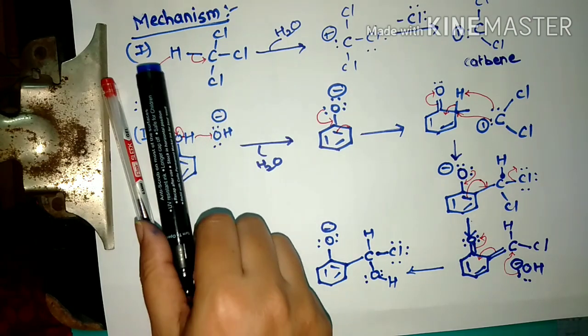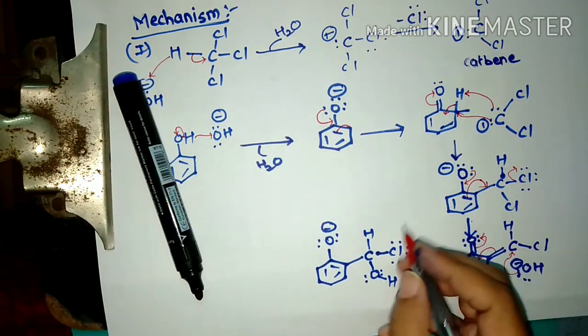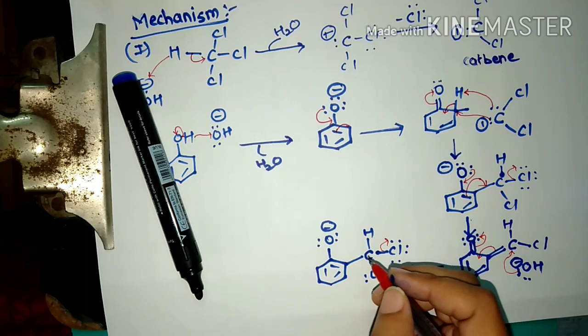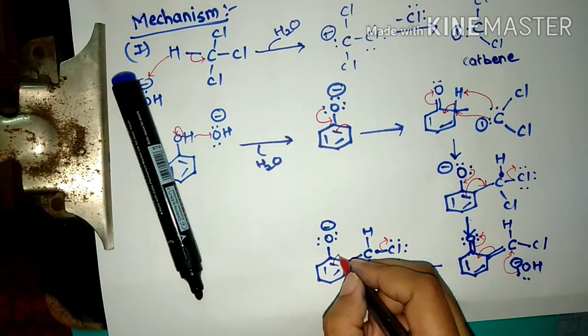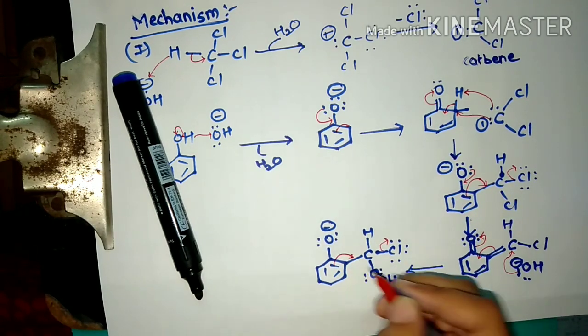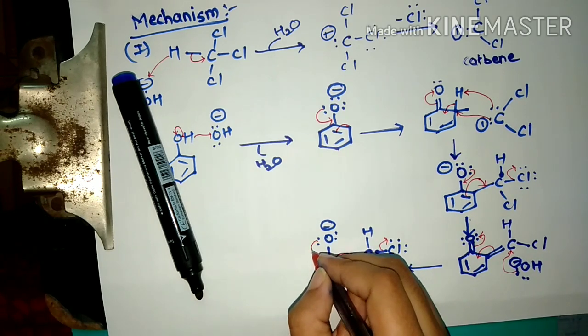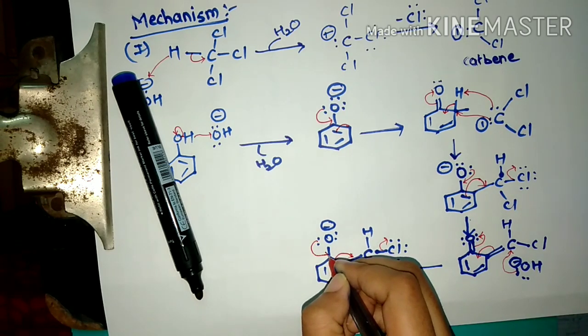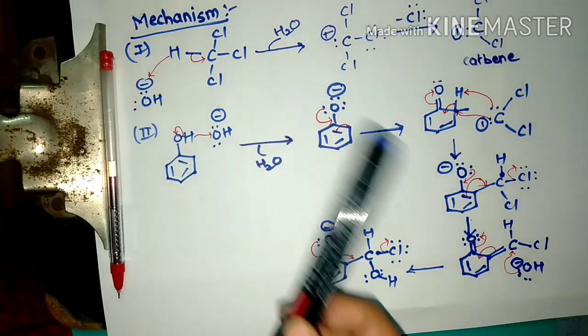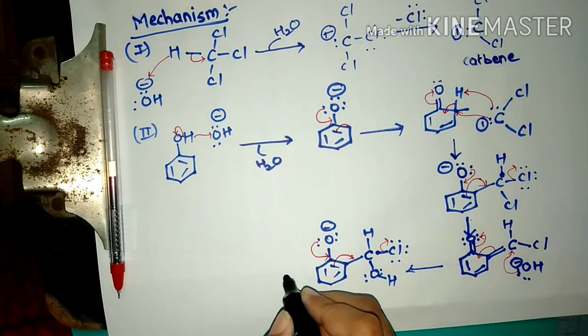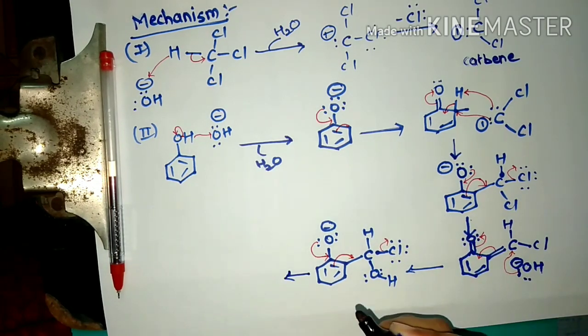Okay, now what will happen? The chlorine group is removed, again carbon becomes a carbocation, so there is shifting of this bond to stabilize for aromaticity, and this oxygen gives its electron. Now what will happen?